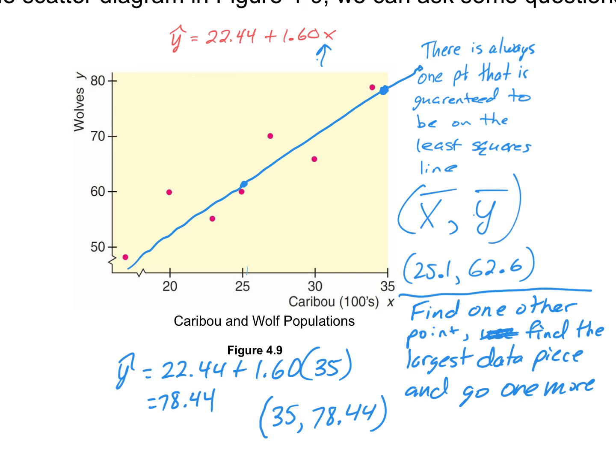And that, without a shadow of a doubt, is the best line you could ever draw, where the sum of the squares of those points are closest to it. So here are the 2 points: X bar, Y bar, and then this one right here is the one more than the data piece.